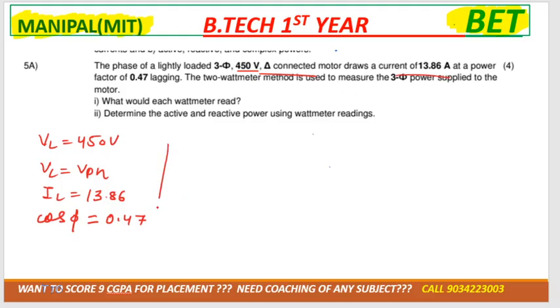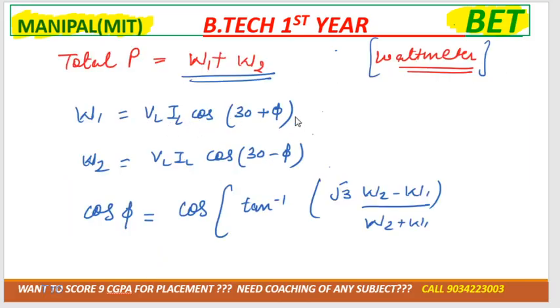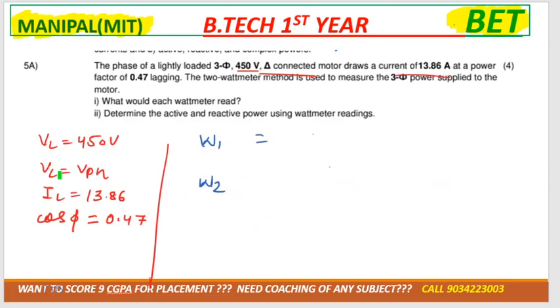The 2 wattmeter method is used, so they are asking for the W1 value and W2. For that you will have the formula W1 is VL IL cos of 30 plus phi. You have VL and IL, and from here you can get the value for phi, that is cos inverse 0.47. Similarly, you can get W2.